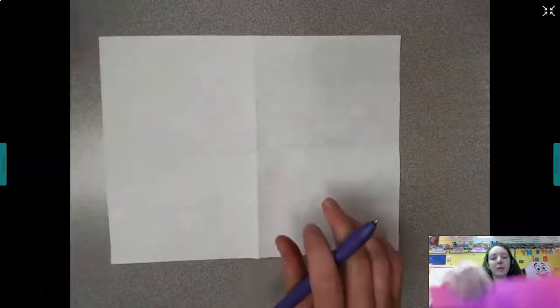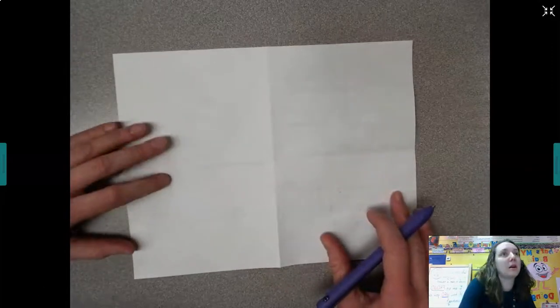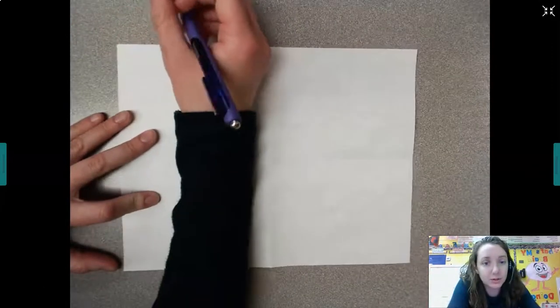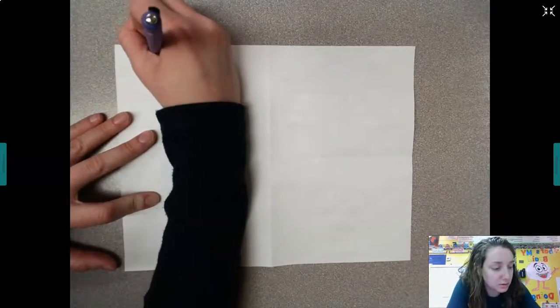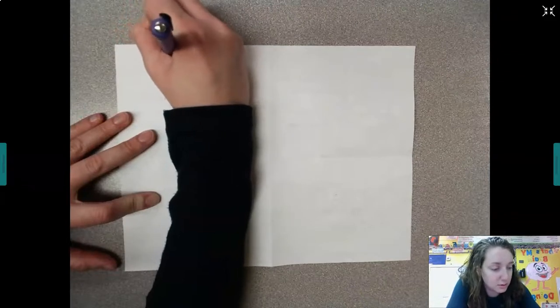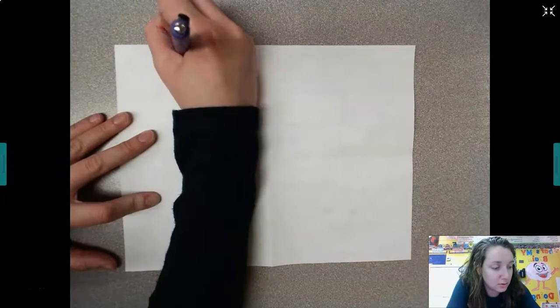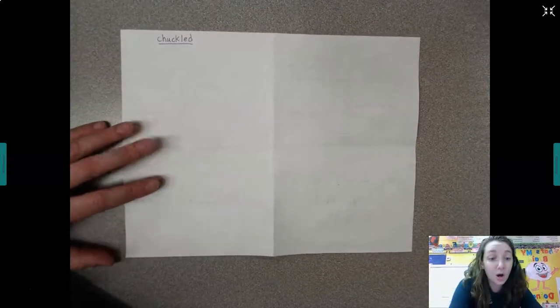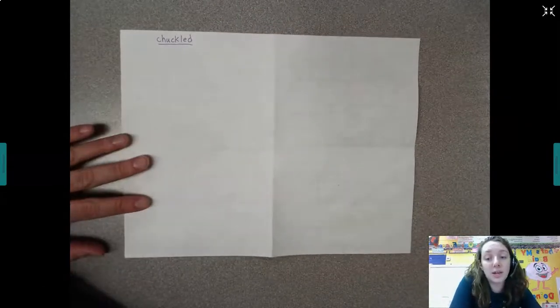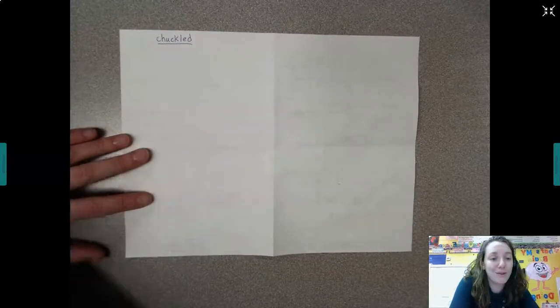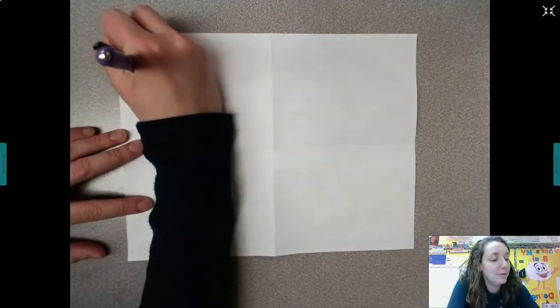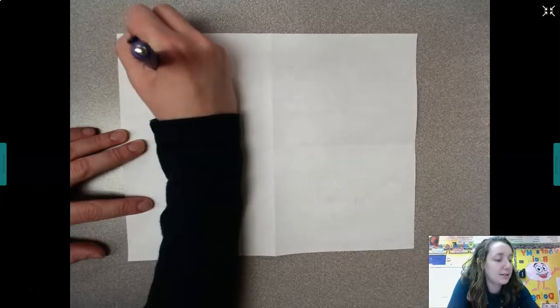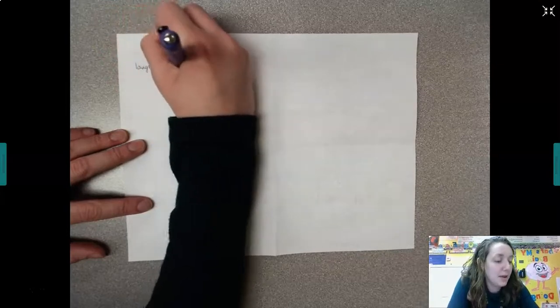Alright, so flipping our paper, let's talk about our next vocabulary word, chuckled. With chuckled, we're going to use an equation again. So what plus what equals our vocabulary word. So I think laugh plus smile equals chuckled.